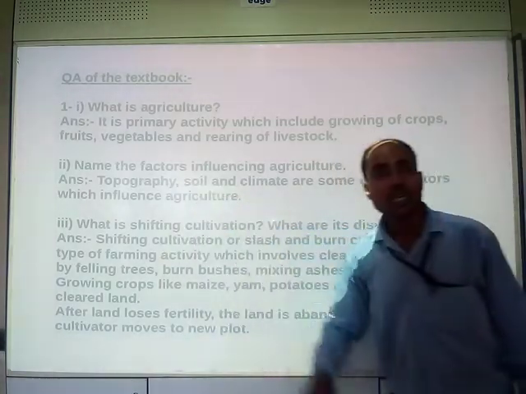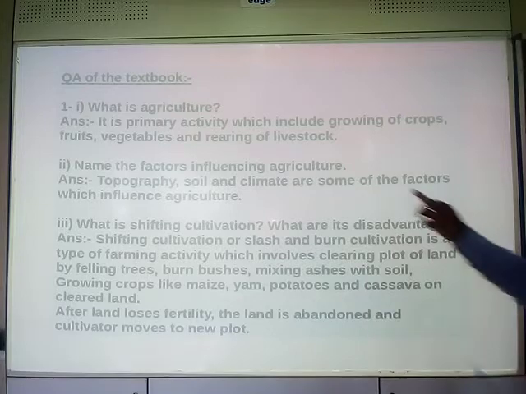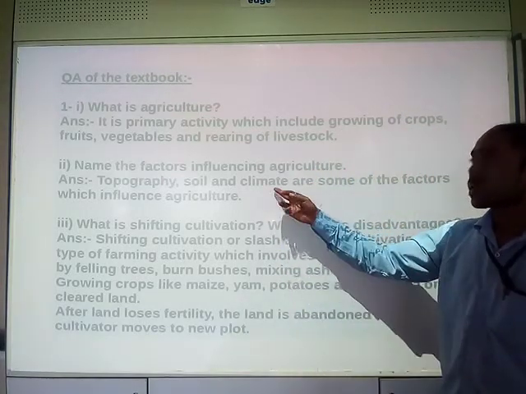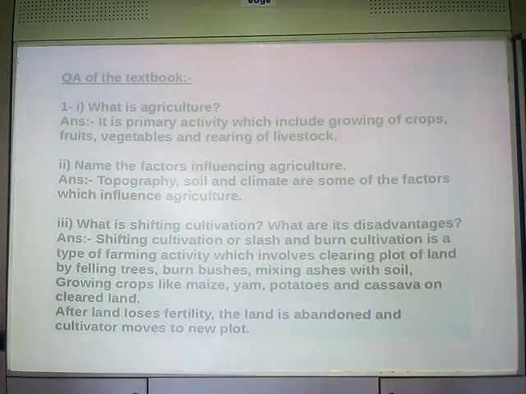Another factor, soil. Soil is also a factor based on which agriculture is affected. Third factor, climate. What sort of climate it is, whether it is summer, winter, or what kind of climate it is, so which crop can be grown during that season.